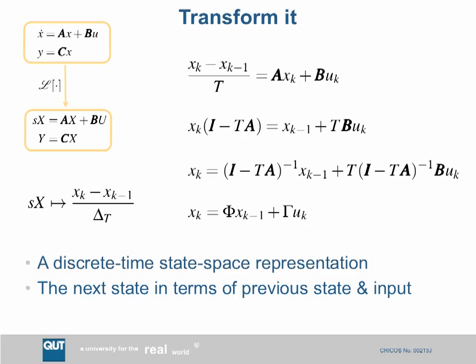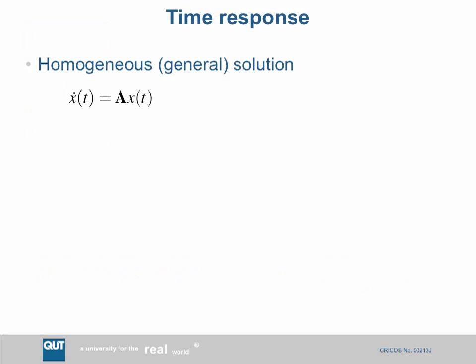So I'm going to say that the general solution of the differential equation is given by this. I've thrown away the Bu term, because I don't care about the input here. And I'm going to say that at time t0, it's got an initial state, x0. So I'm going to push the system into some state, let it go and watch what happens. I can write a general form for what it does as a Taylor series expansion, right?